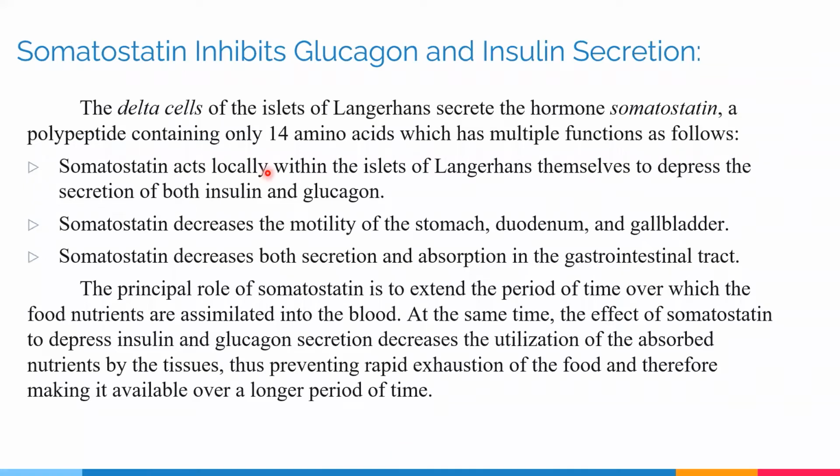Next, let us look into somatostatin, which is the third hormone that is secreted by the delta cells of the pancreas, which inhibits glucagon and insulin secretion.